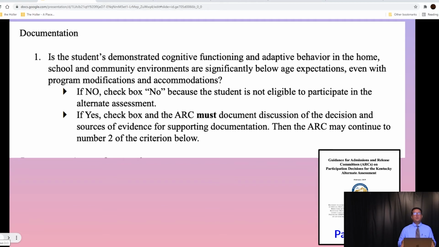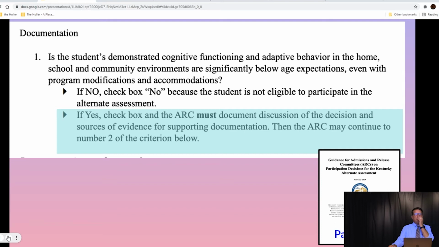They're going to be in a range that's 3 standard deviations or more below the mean, and the same for the adaptive behavior in the school and community environments. And you're going to see the need for some real modification in order for the student to get the understanding that's required to complete the standard work. If yes, check the box, and the ARC must document the discussion of this decision and the sources of evidence.